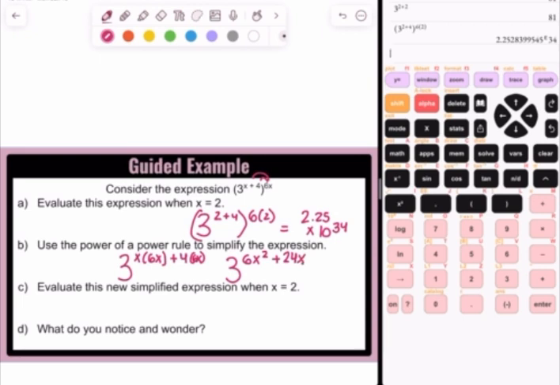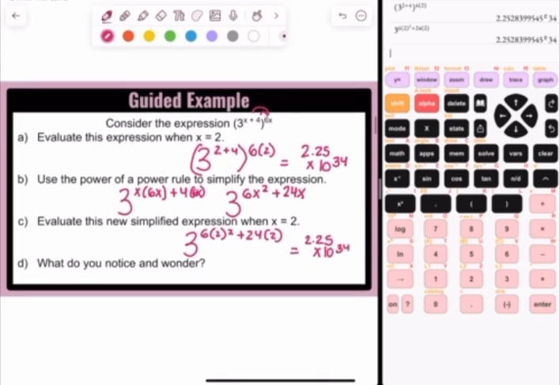And let's see if this is true when we have that x equals 2. What value do we get? We get 3 raised to the 6 times 2 squared plus 24 times 2. Hey, we get that big same old number.